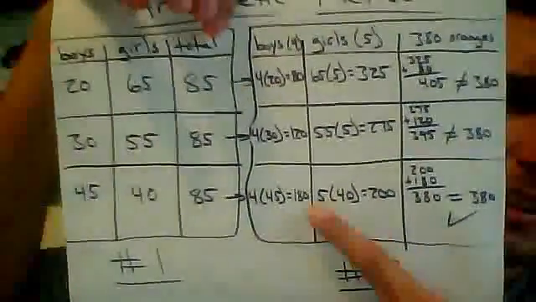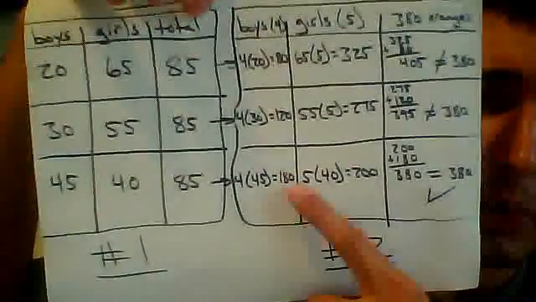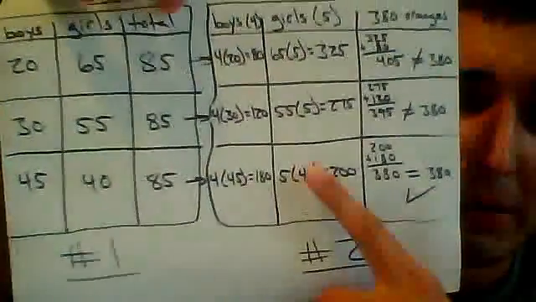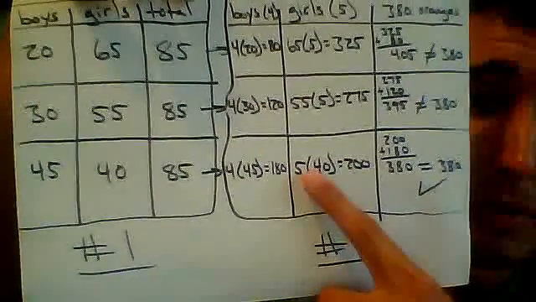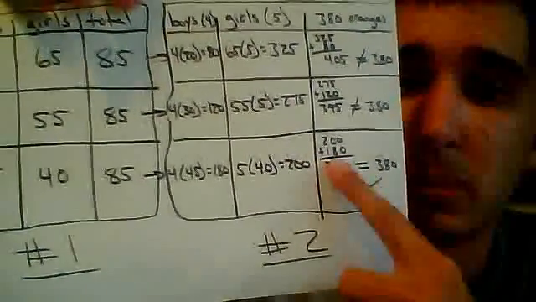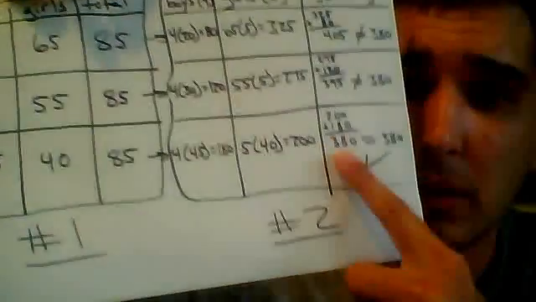Now, number of boys, 45, times number of oranges each boy receives, 4, equals 180 total oranges. Number of girls in the class, 40, times number of oranges each girl receives, 5, equals 200 oranges. 200 oranges plus 180 oranges equals 380 oranges.